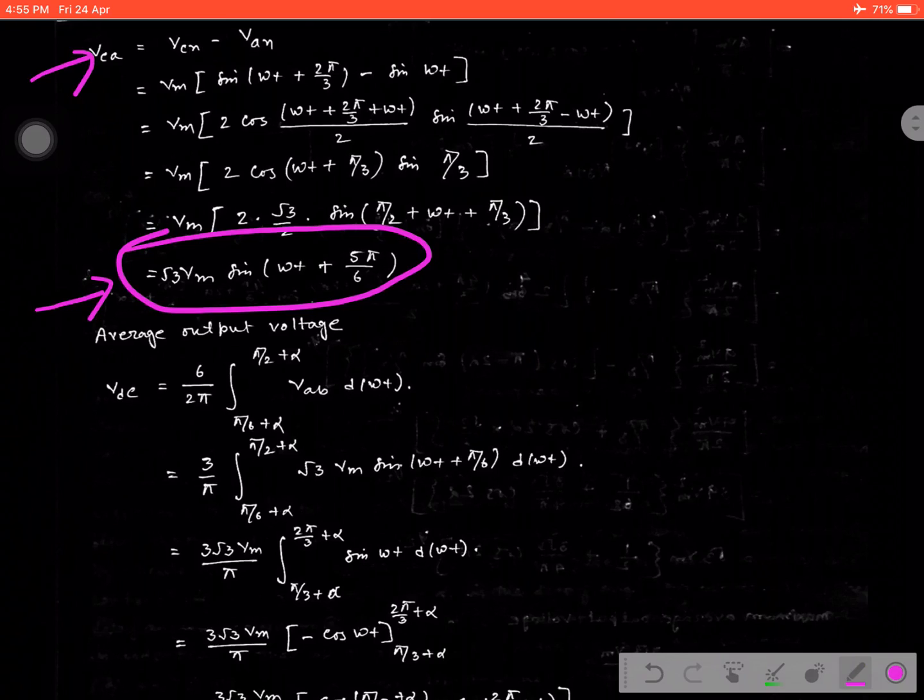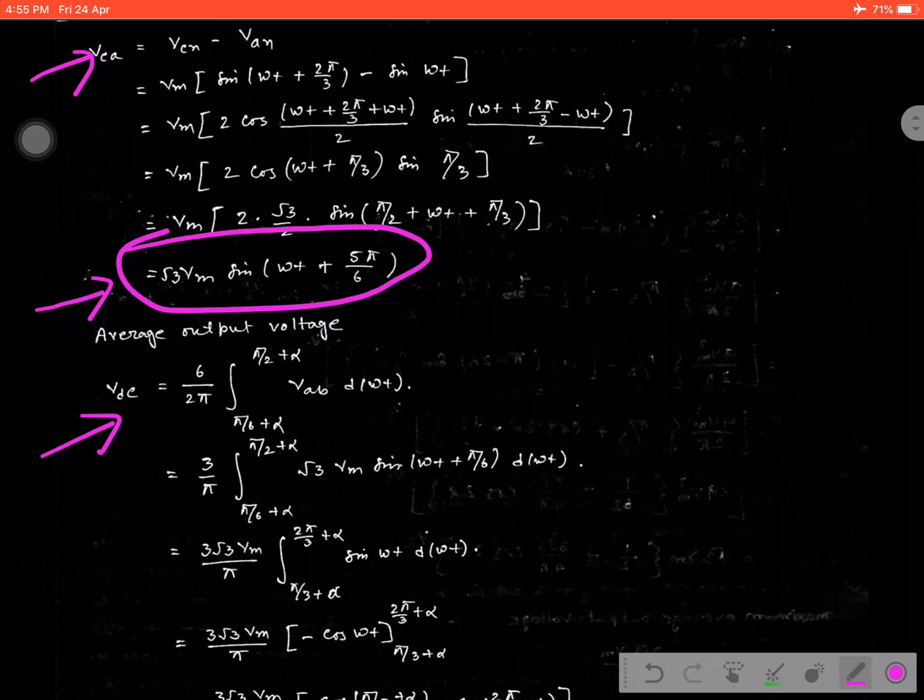So the average output voltage means going through the picture, the output voltage waveform where VAB appeared, and as I have discussed before, it was confined between two regions.